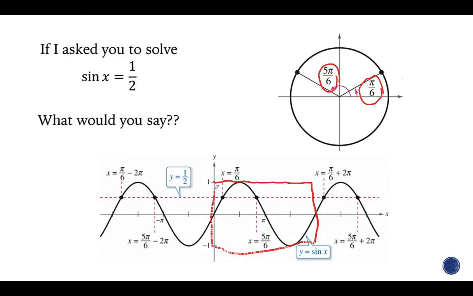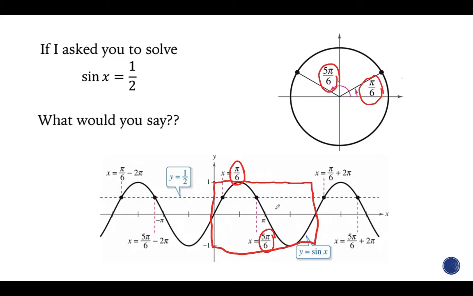Bear with me on my terrible box drawing, but I think you get the idea. There's one frame of the sine function, right? And that one frame of the sine function has pi over 6 and 5 pi over 6 as the solutions, okay? So this red dotted line here represents where y is equal to 1/2, right?